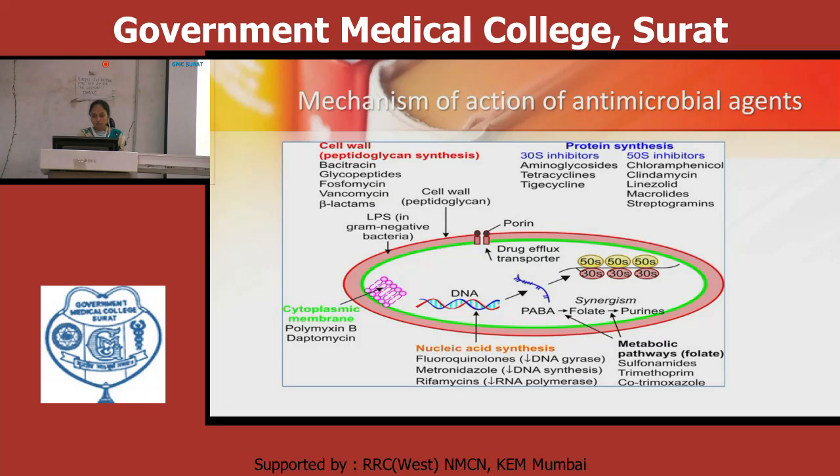Second one is protein synthesis. Proteins are 30S and 50S. Protein synthesis inhibitors: first one is 30S inhibitors, that are the aminoglycosides, tetracycline and tigecycline. 50S inhibitors are chloramphenicol, clindamycin, linezolid, macrolides and streptogramins.